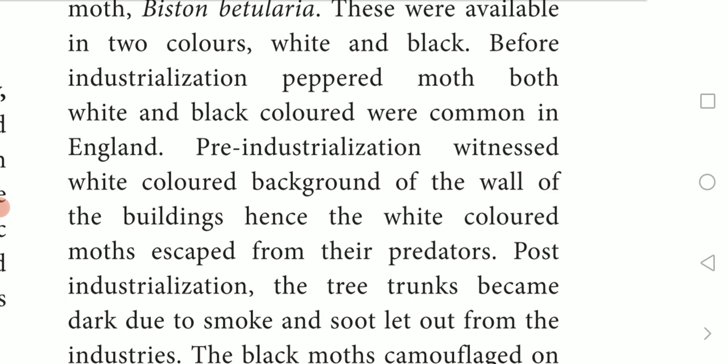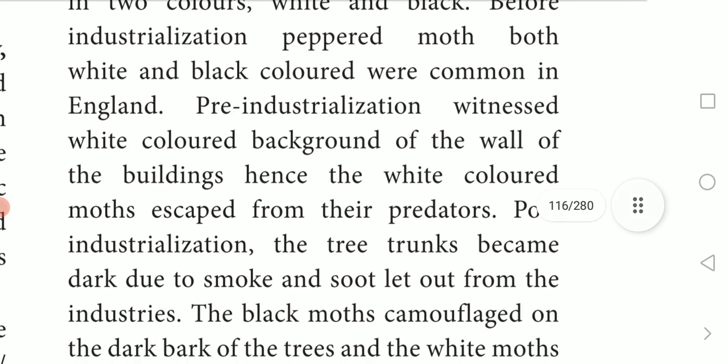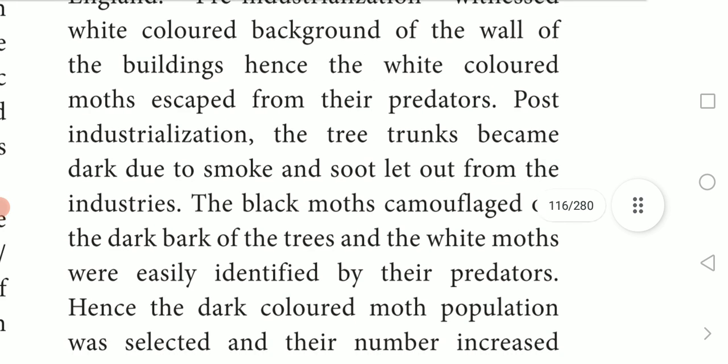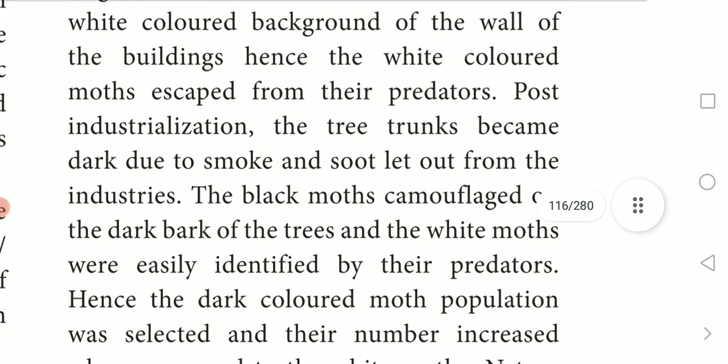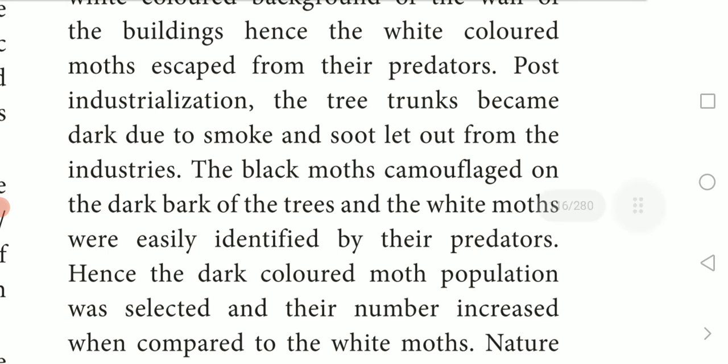So more white peppered moths lived, whereas the black peppered moth, since it is black in color, could easily be identified and killed by predators as well as some other organisms.